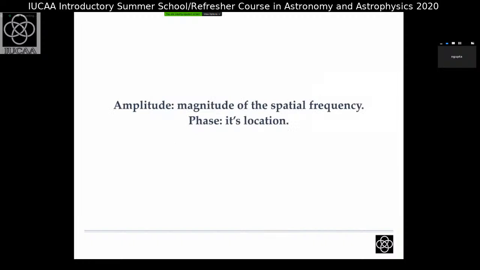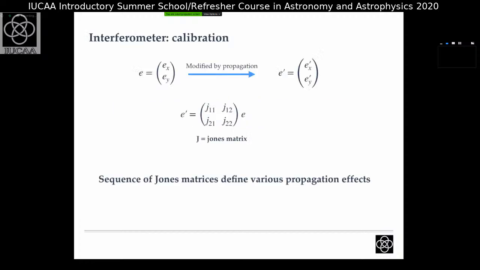So what we understand from these examples is that amplitude is important. It represents the magnitude of the spatial frequency, but phase represents its location, that is, how the power is distributed. So if I want to have any resemblance to what I started with, the phase term is really, really important. So in radio interferometry, when we want to make an image, we have to pay very close attention to how the amplitudes and phases are getting calibrated and what kind of errors they are getting affected with, because they both get affected by different types of errors, so we need to pay attention to them.